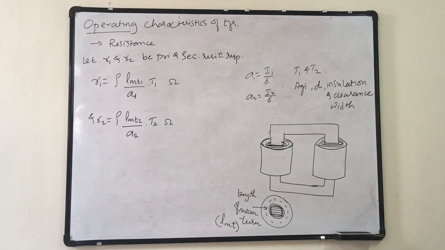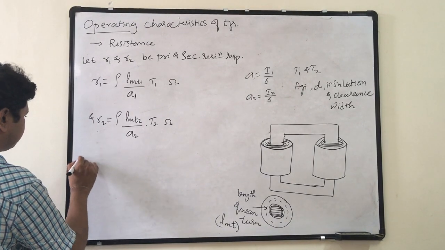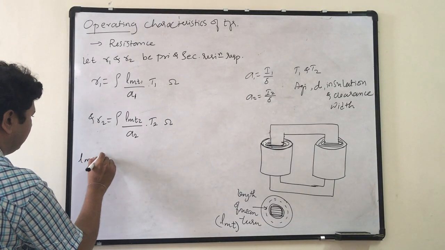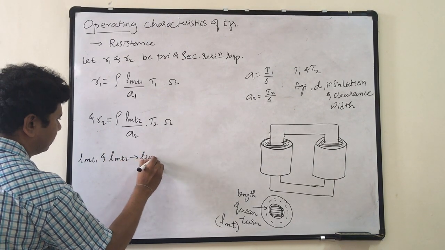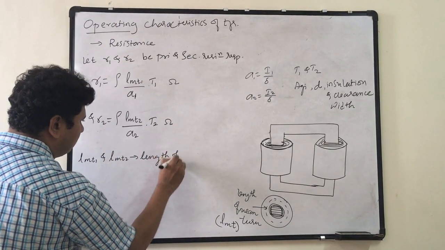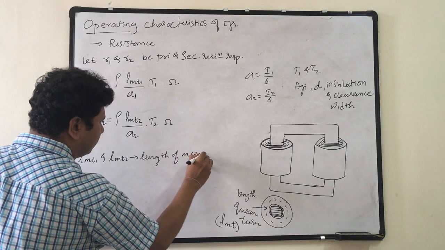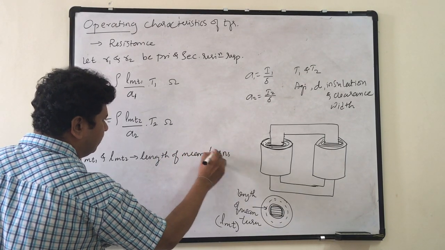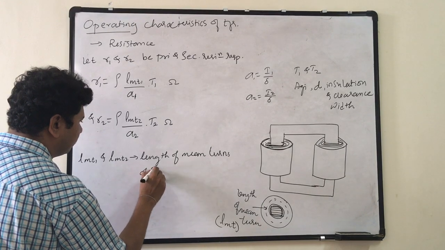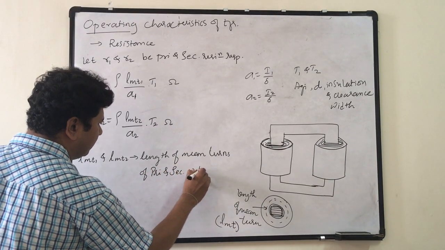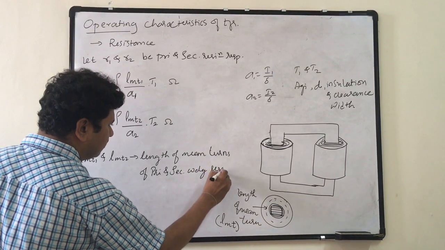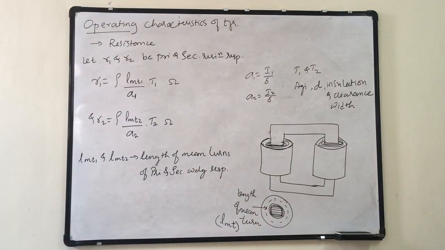Where LMT1 and LMT2 are the lengths of mean turns of primary and secondary winding respectively.